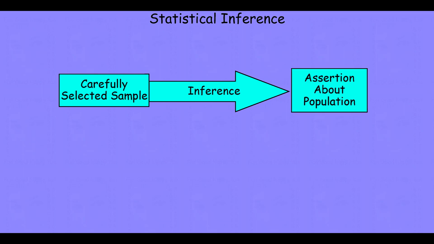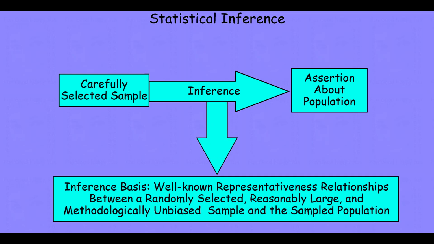That inference also recognizes the variability between our sample frequencies and the potential frequency in the population. And so statistical inference leverages this representativeness relationship using this inferential basis. That is, this well-known representativeness relationship between a randomly selected, reasonably large, and methodologically unbiased sample and the population from which the sample was drawn.